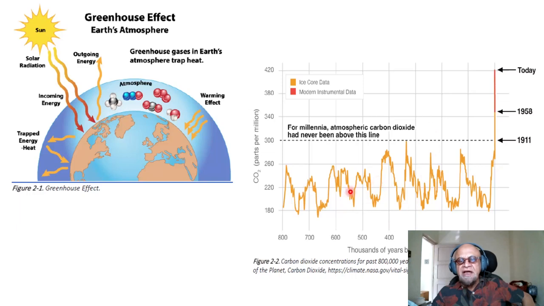So it is highly correlated with orbital forcings, obliquity, precession, and ellipticity, and temperature changes begin the melting or the building of glaciers, and then we get increases in CO2 and positive feedback.